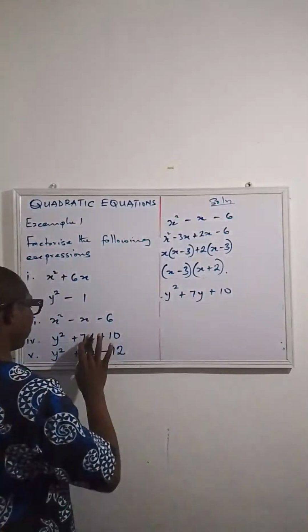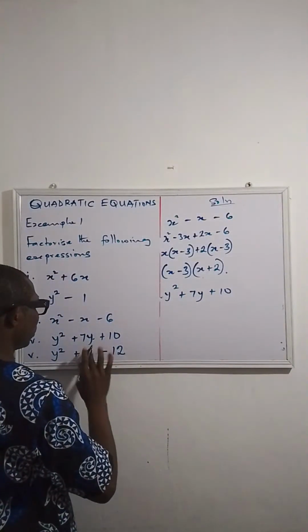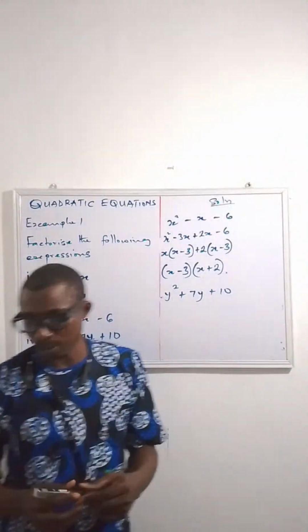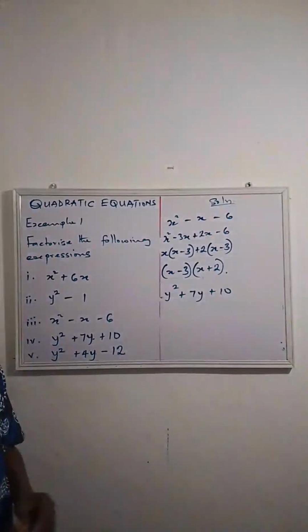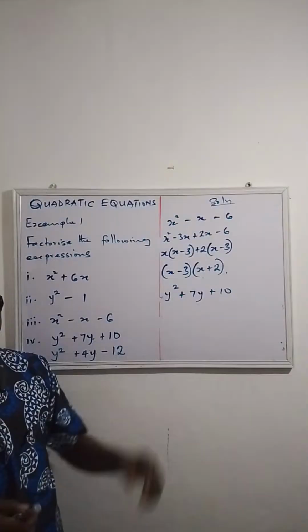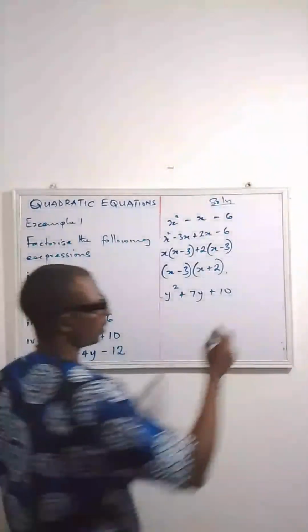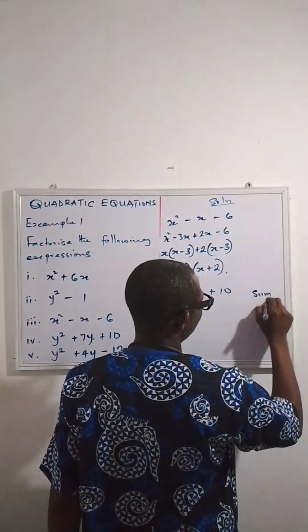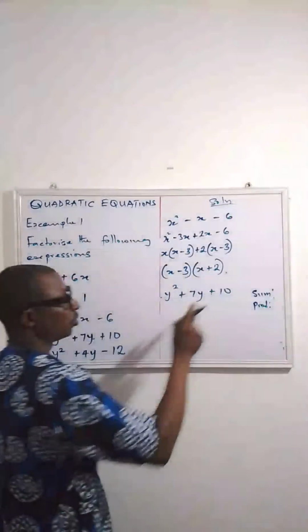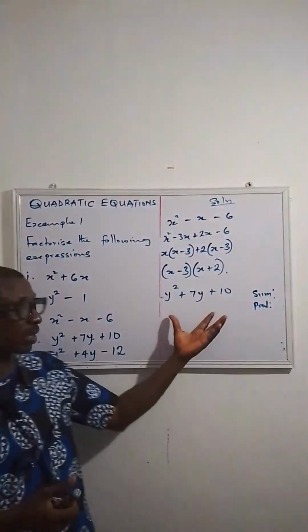Okay, so this is y. So how do we factorize this? You need to tell me what the sum and product of this quadratic expression is. What is the sum and what is the product? Because that is what we need to factorize this quadratic expression.